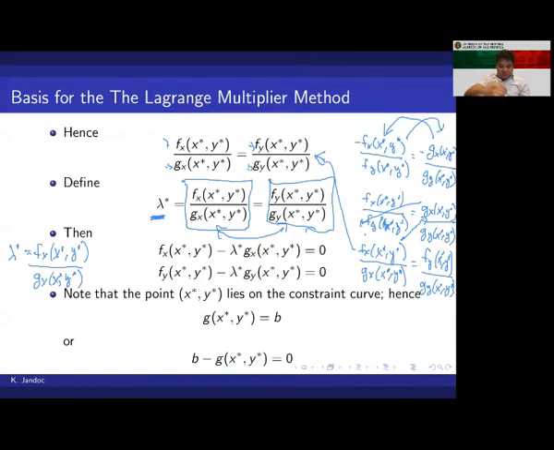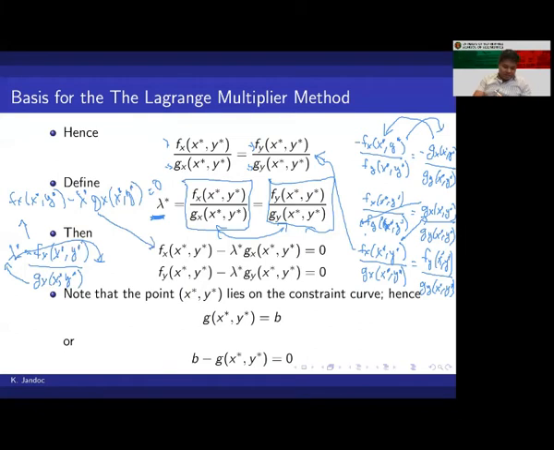So if you move things around, you move g_x to lambda, and then move all that to this side, then you have f_x(x*, y*) minus lambda star g_x(x*, y*) is equal to 0. So this is this expression over here.